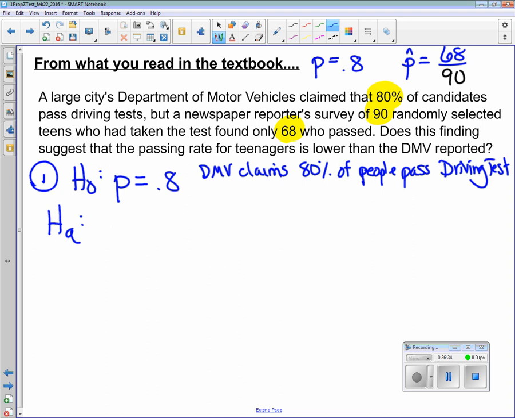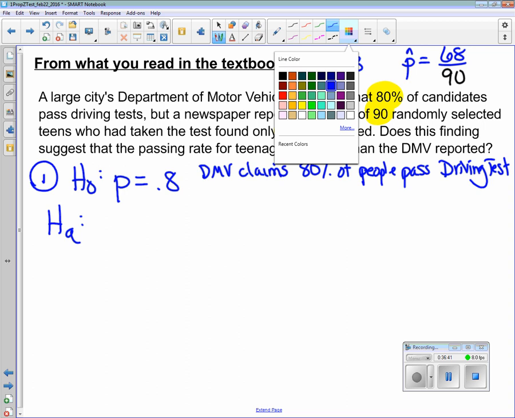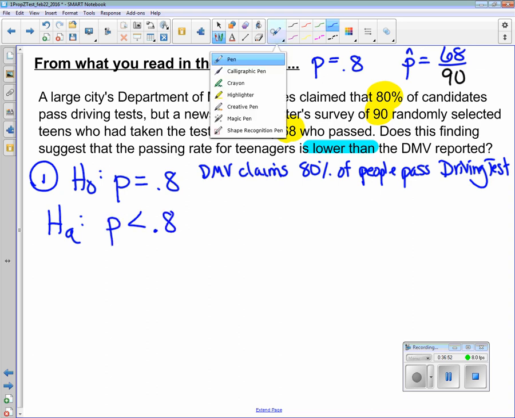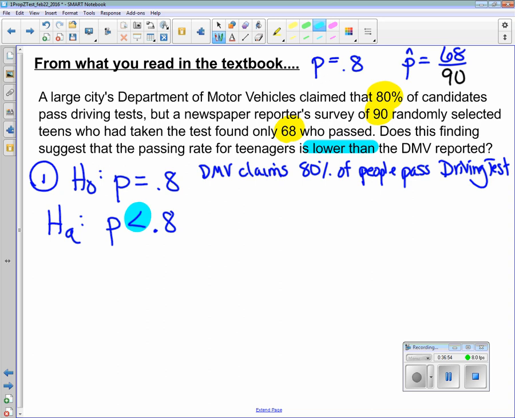Lower than is my keyword, or key phrase, I guess. It might say greater than, but this is exactly what we're looking at. Lower than tells me that I'm looking at lower than 0.8. This lower than right here corresponds to that lower than.